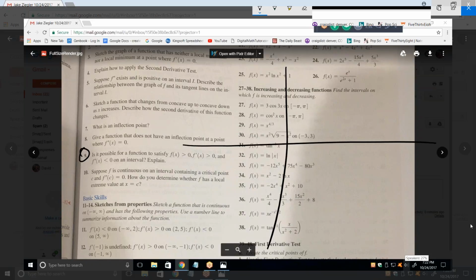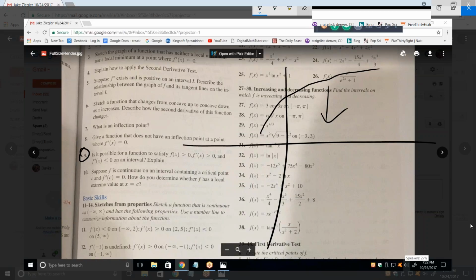The derivative is greater than 0, which means all I have to do is have positive slopes. There you go. That's nothing but positive slopes. And yet the second derivative is less than 0 because it's concave down throughout the entire interval, which would make the second derivative negative, or less than 0.